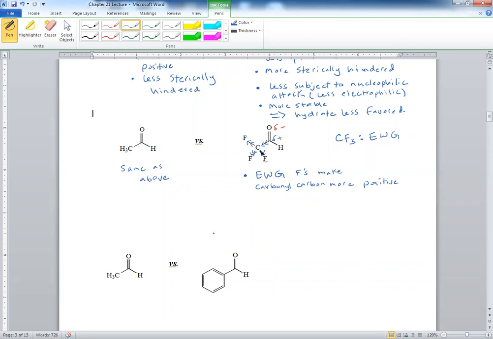And we know if we have more positive, that means it's more electrophilic, less stable.